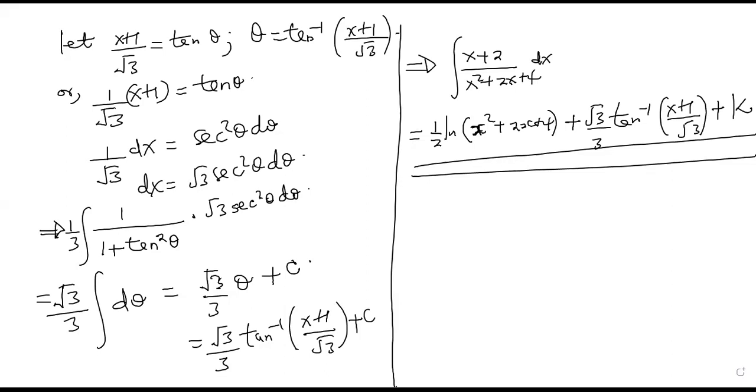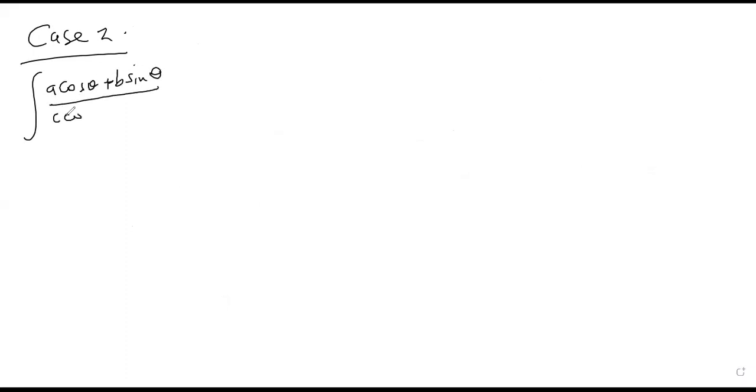Now, our case 2, that is where we are finding integrals of fractional trigonometric functions that are expressed in this form: a cos theta plus b sin theta out of c cos theta plus d sin theta d theta, where a, b, c, d are constants.